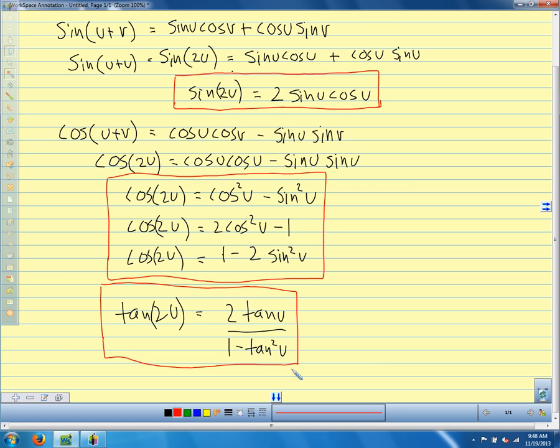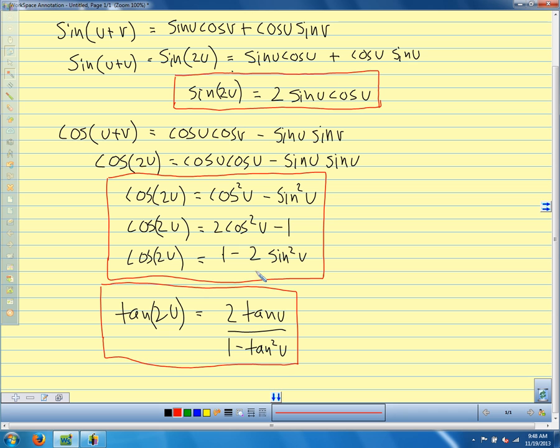And that one comes from our tangent sum formula. So each of these gives us a way to find the sine, the cosine, or the tangent of 2 times an angle if we know the sine, the cosine, or the tangent of just the angle.